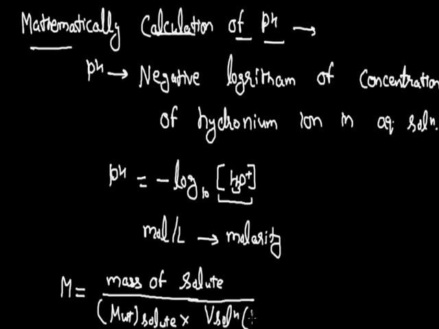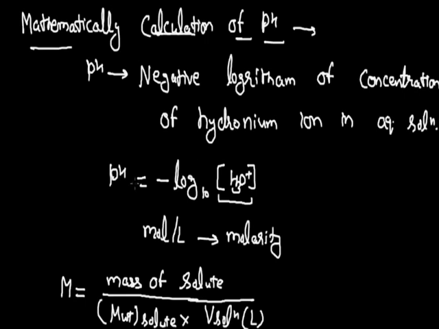Here the volume is always taken in liters. So by this formula you can calculate the molarity of the solution, and by putting this concentration in the formula we can calculate the pH of any solution.